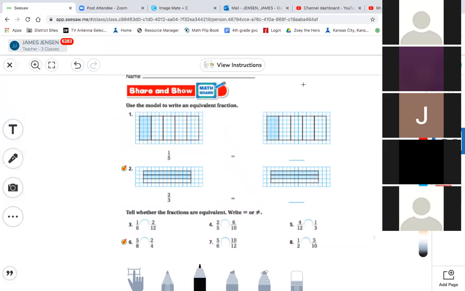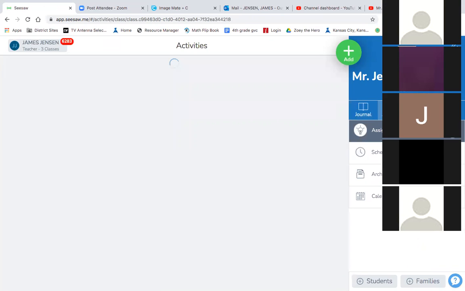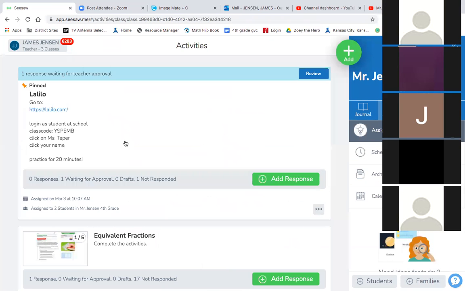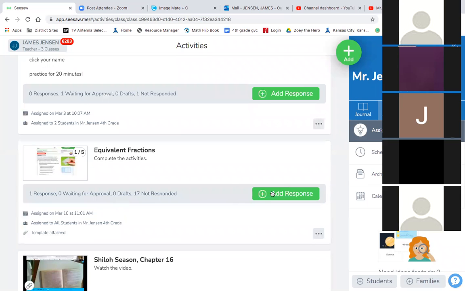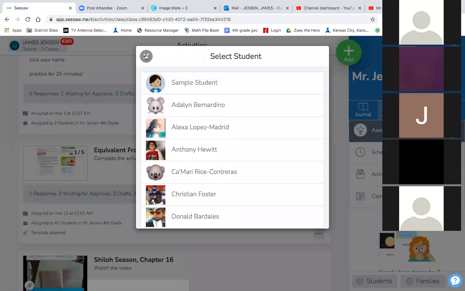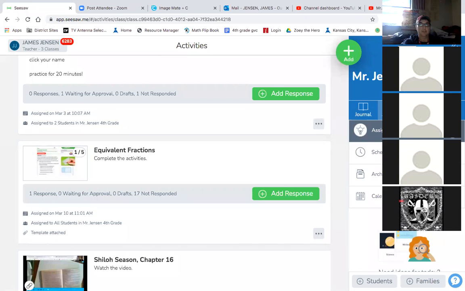The title of it is equivalent fractions. So it's right there. And like I said, if that means you have to go back and forth between the Zoom meeting and there, that's fine. But you should always be listening, right? In case I call upon you.